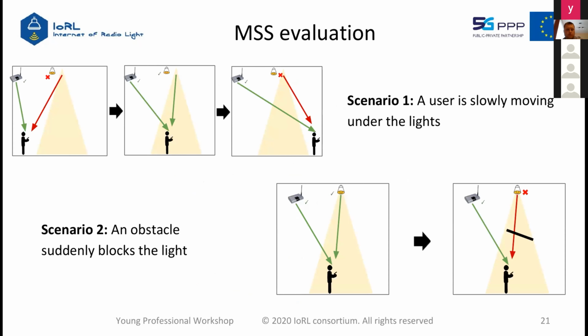We have made an evaluation in a lab using traces from the project. We studied 2 different scenarios, one where a user is slowly moving under the light, and one where an obstacle is suddenly obstructing the light.